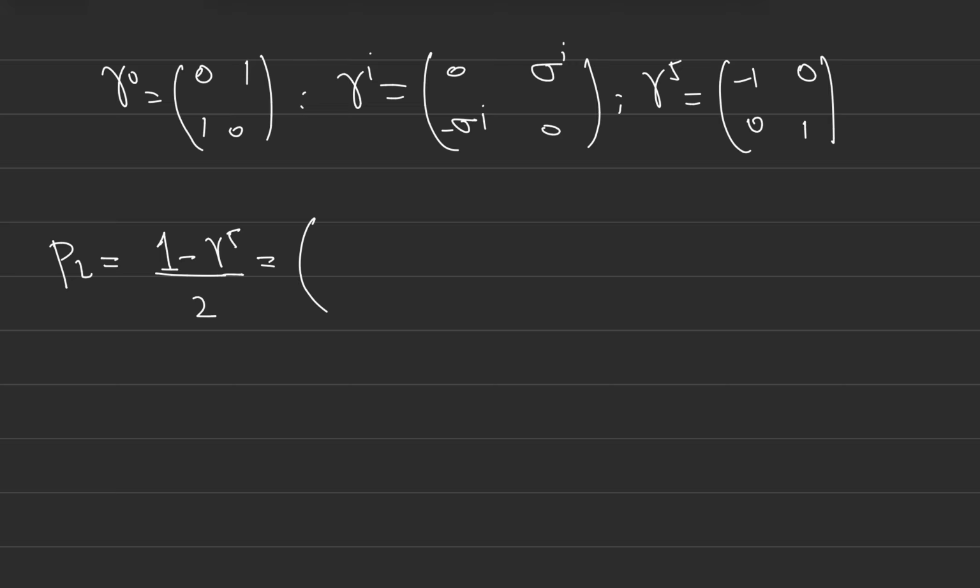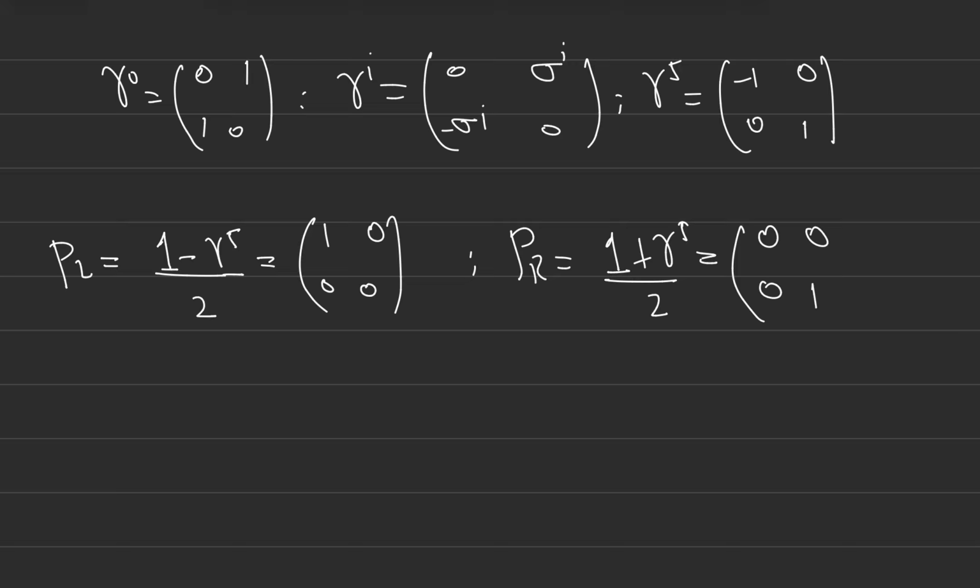So this projector is 1 0 0 0. Similarly, I construct another projector that I call PR, and this time I do it by adding gamma 5. And as you can guess, in this case I get zeros everywhere except the lower right entry.